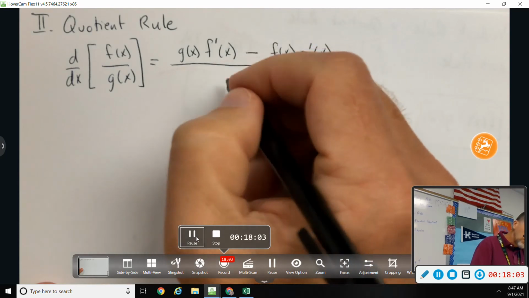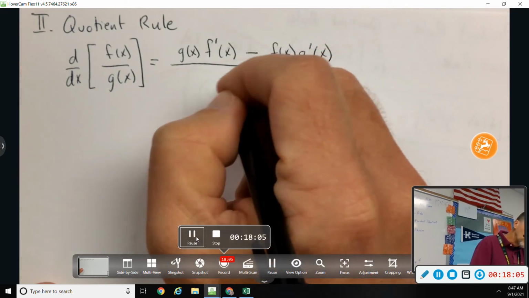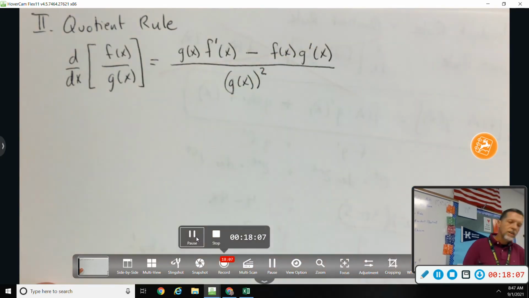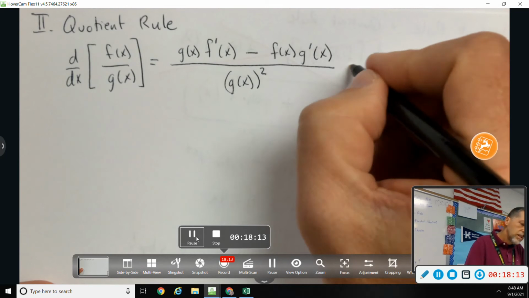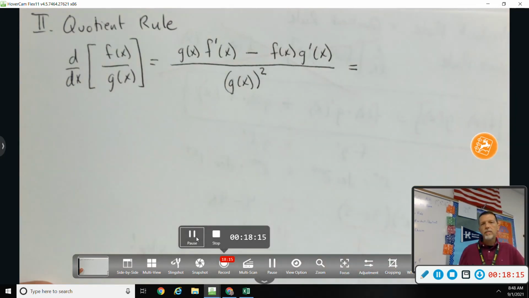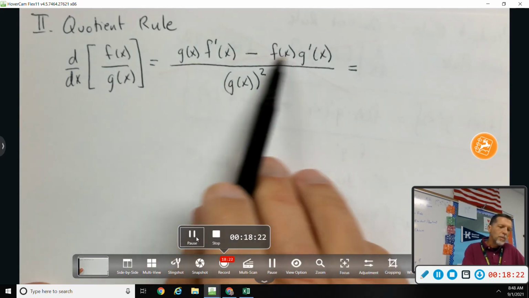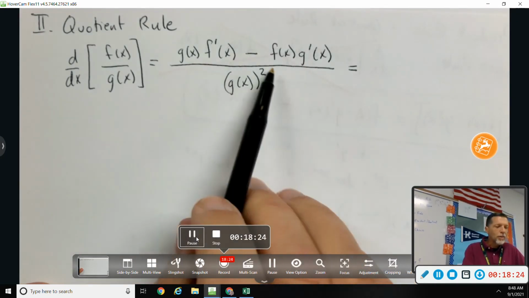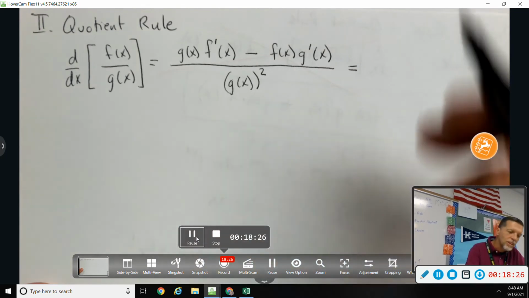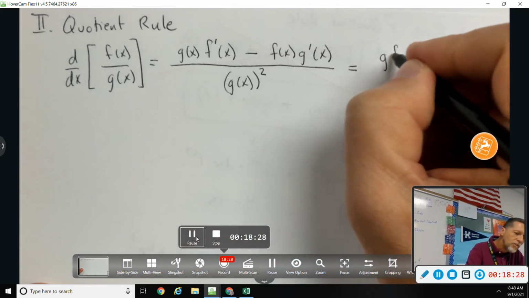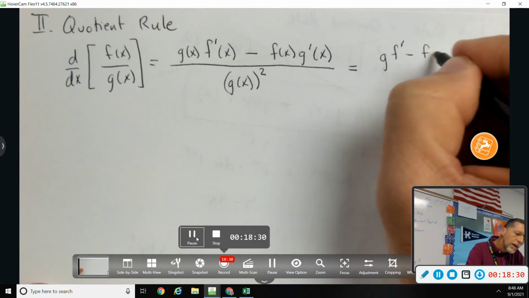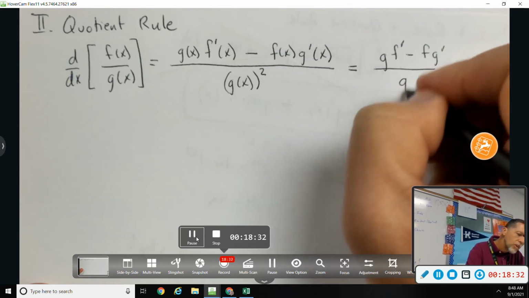But then what really throws it off is all over g of x squared. That's the official way to write it out. The slang way to write it out is to drop all those parentheses x's because that just clutters things up: g f prime minus f g prime over g squared.